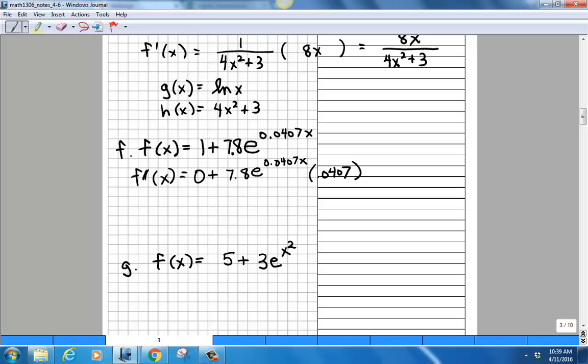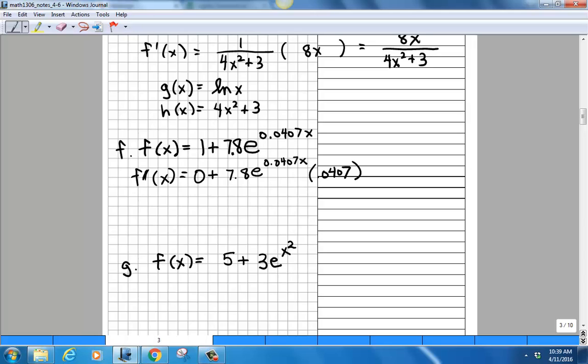Now, if you want, you could simplify this a little bit by multiplying the 7.8 by the 0.0407. The homework may want you to do that, but this is really probably far enough in most cases.